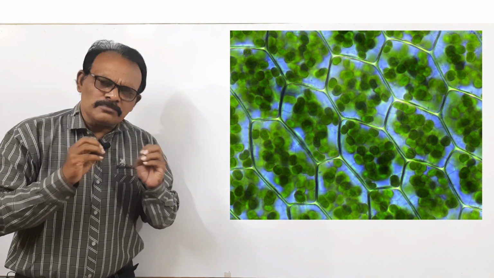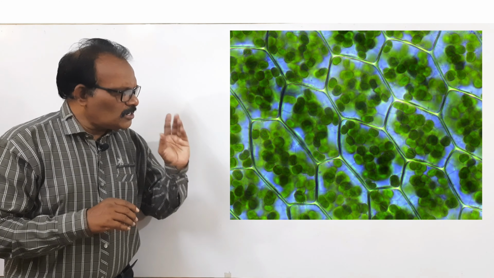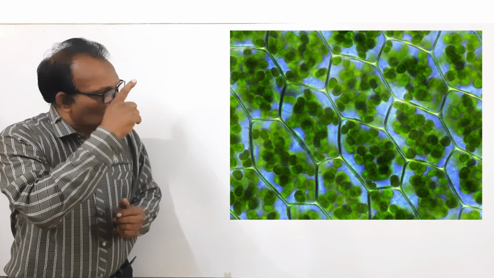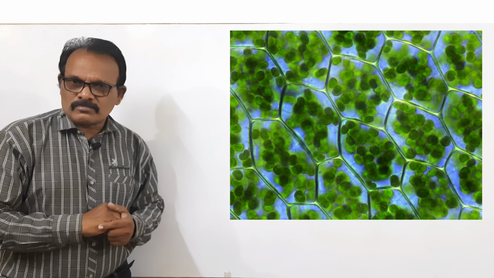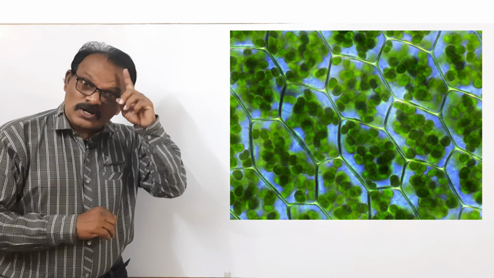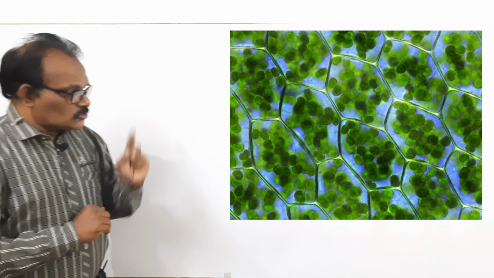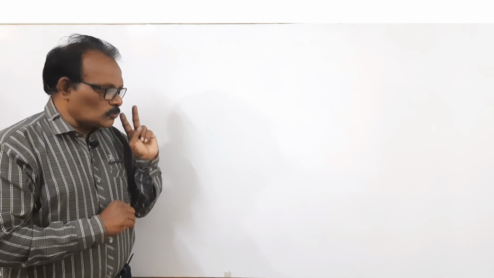So all green plants contain chlorophyll. That is the first part. And the second important function of chlorophyll is that it traps solar energy directly from the sun. So these are the two important functions chlorophyll plays.